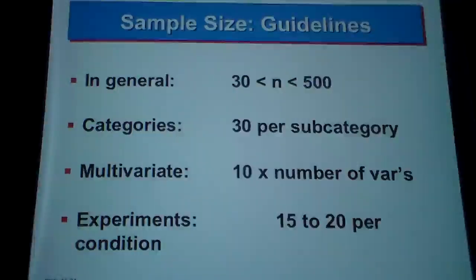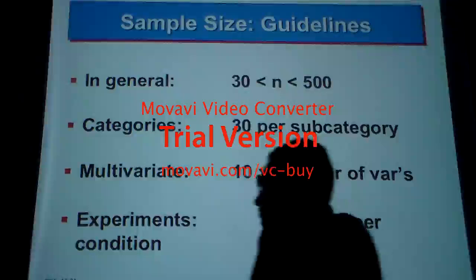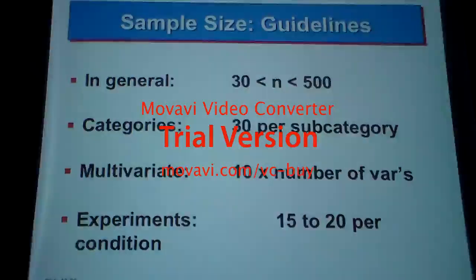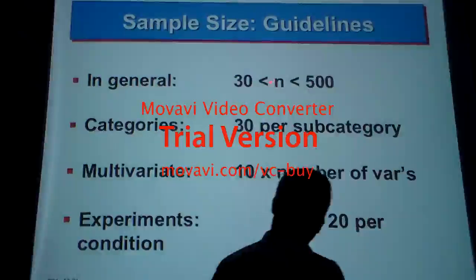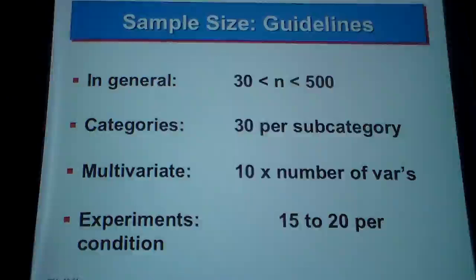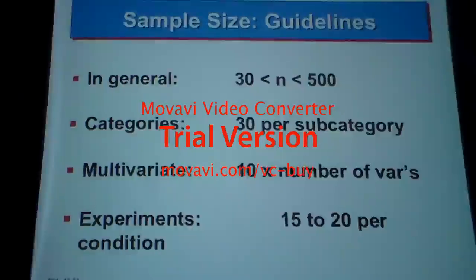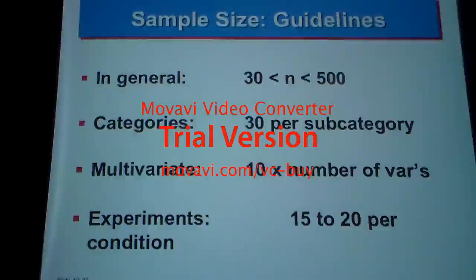Sample size: here are some guidelines. How should the sample size be? In general, n should be more than 50 and less than 500. The sample size shouldn't exceed 500 elements, and shouldn't be less than 50.